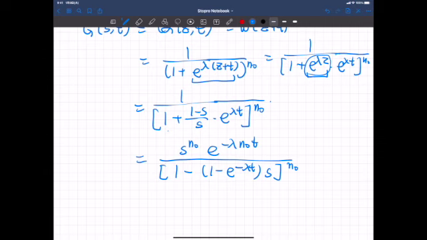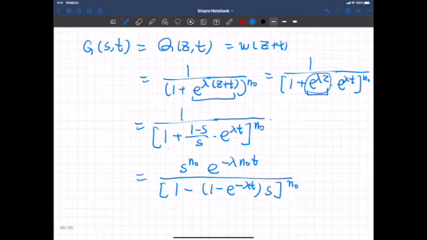Okay, so this is the final form of the probability generating function.